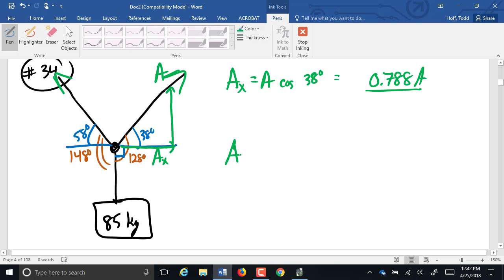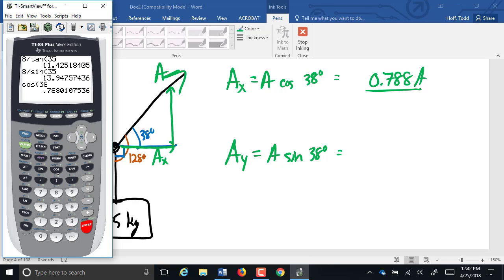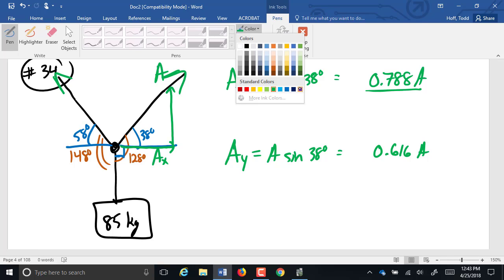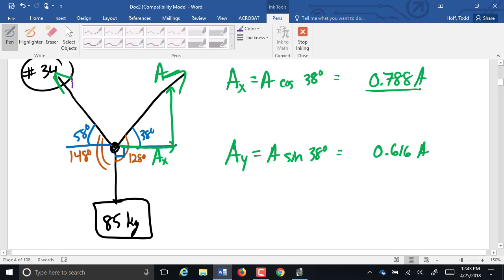Now I'm going to jump down here to do the vertical component of A. That'll be A times the sine of 38 degrees. Sine of 38 is 0.616A. That's the vertical component of A. Now then for B, I'm going to call this one B.